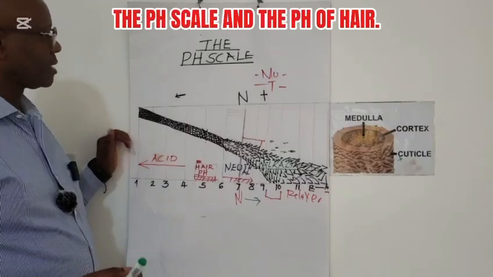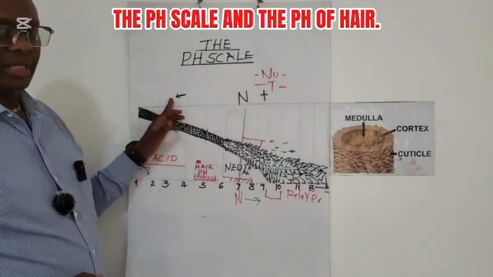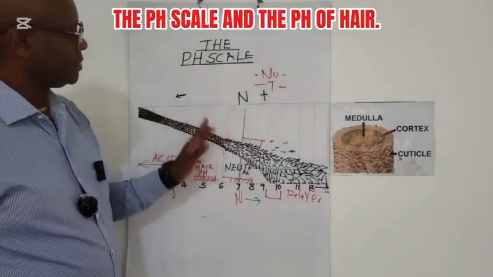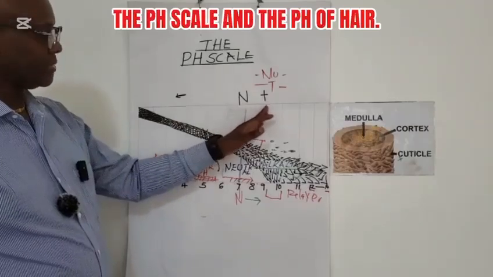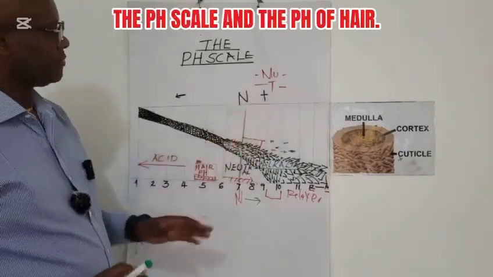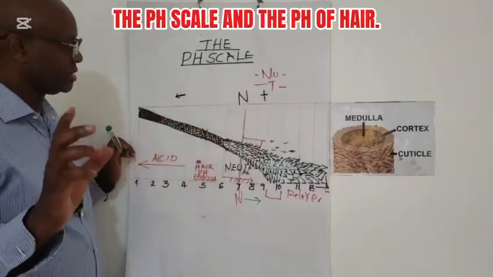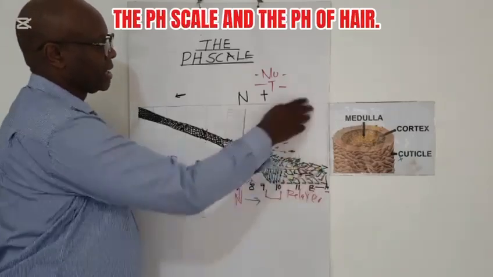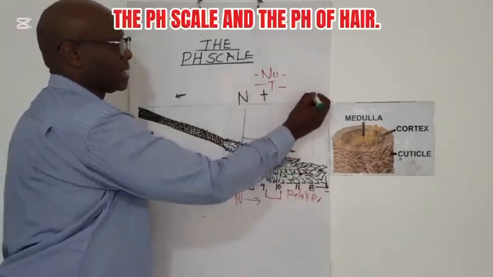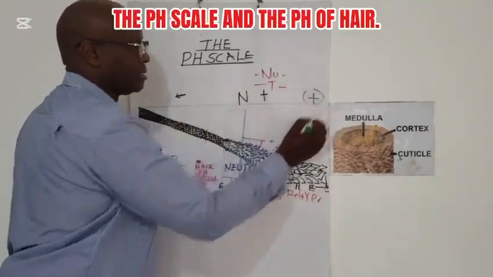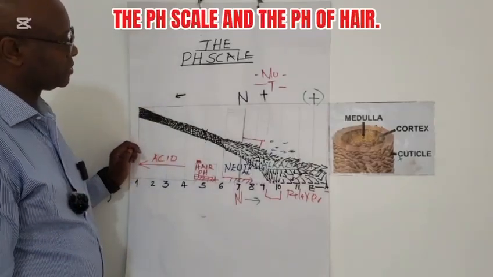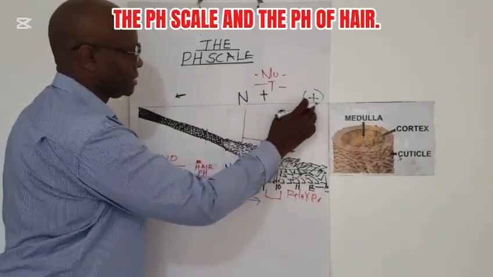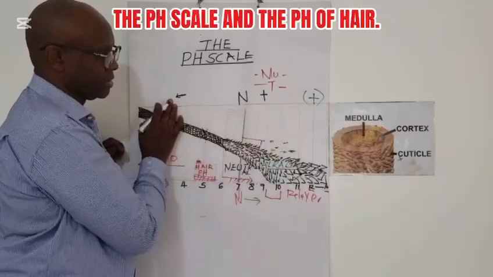Naturally, our hair has a negative charge. The products we use have a positive charge. So this relaxer, if you look at it in terms of positivity, it means the relaxer we've used is highly charged with positive electrons. It's highly charged, our hair is on negative.